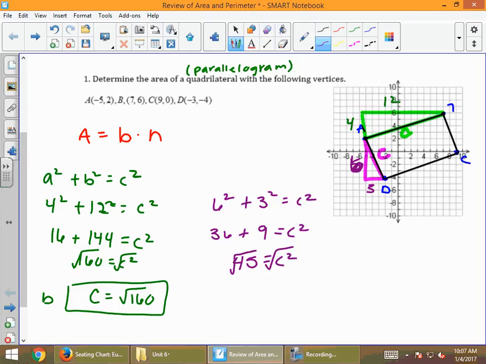Square root both sides, what do we get? c is equal to, again, we'll wait till the very end.